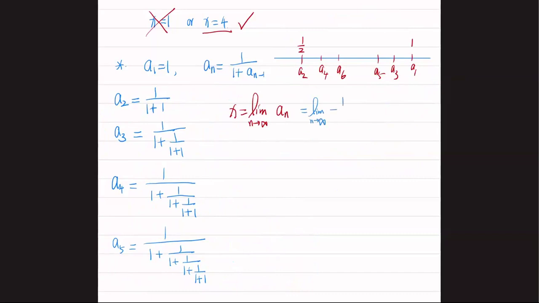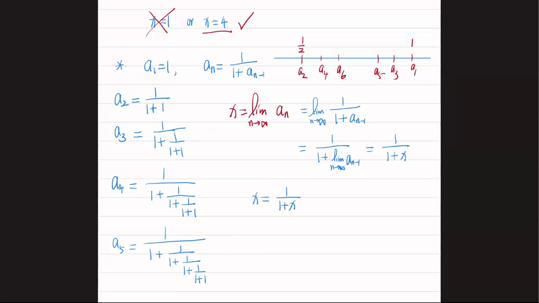So it's b1 plus an minus 1. Again, the continuous function, so it will be 1 over 1 plus the limit. Now what's this limit? This one is x. The difference is very similar. It's just 1 plus x. Now we have the equation x equals 1 over 1 plus x.